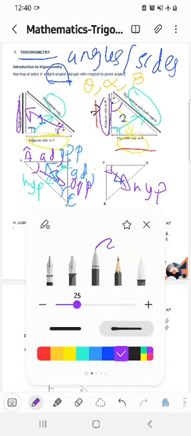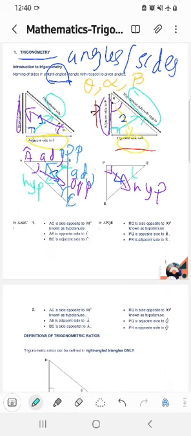Then we have angle Q. On this angle Q, the opposite side is PR. So we can have our opposite here, the side against angle Q, and the one at the top here is the adjacent, which is PQ. So PQ is the adjacent side.